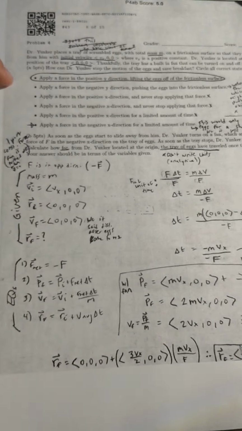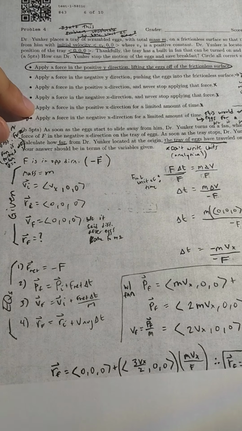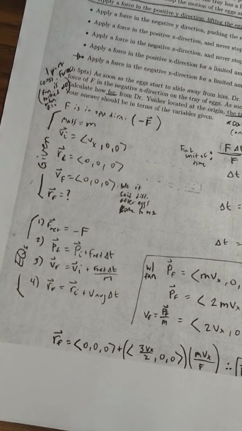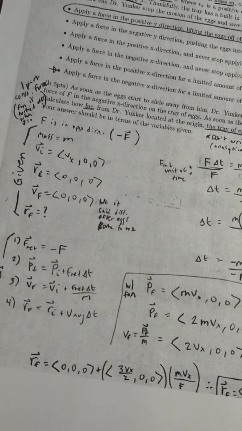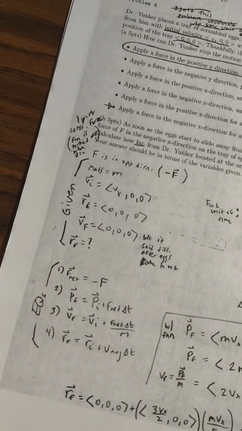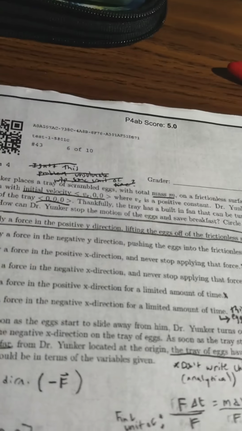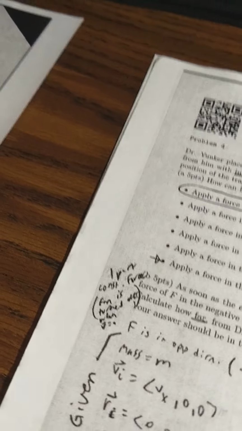And then for this one, I had a minor conceptual issue with where the force should be, because I was trying to think back to class and how our teacher was pushing a water bottle against the table, and he said, theoretically, if I stop applying the force, it would still keep going and going. So I was like, oh, well, if you pick it up, but picking it up doesn't necessarily, because you can pick it up and it would still keep going in the X direction.